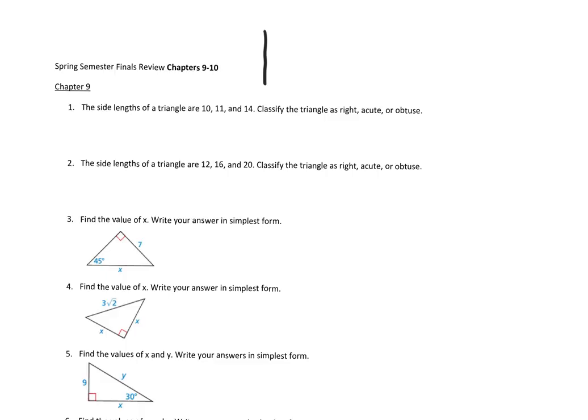When we do this first one here, I'm not going to put a right angle in here because we don't know if it's a right triangle yet. We're trying to decide, is it a right triangle? If not, is it acute or obtuse? So we have to decide between those 3.